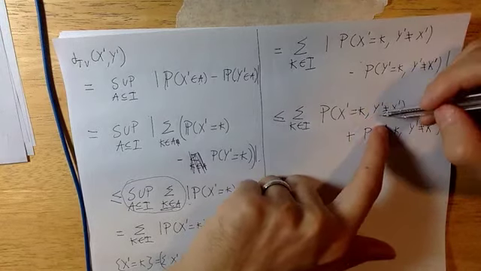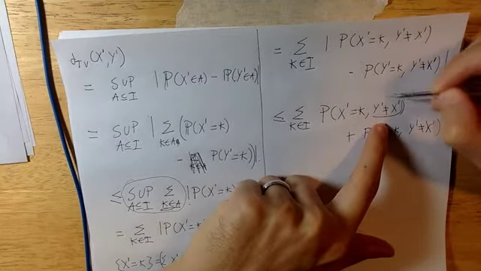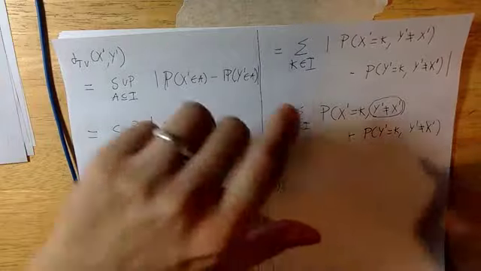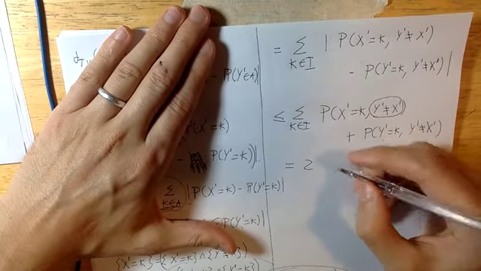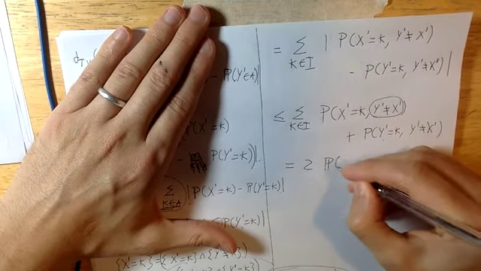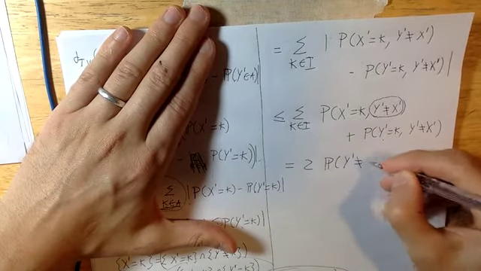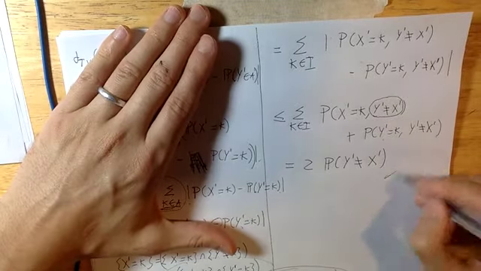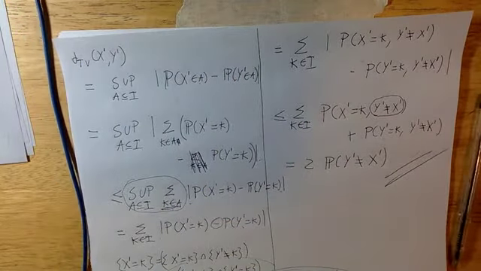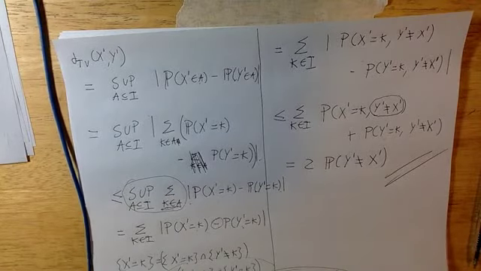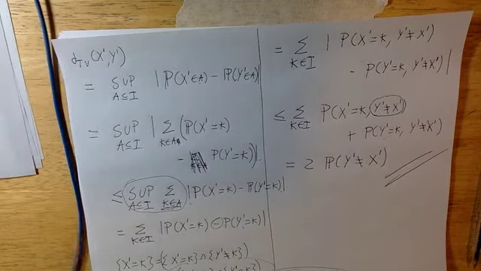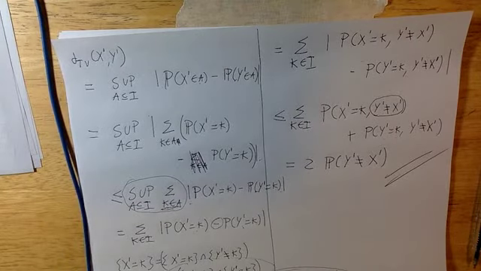And now this is a disjoint union of this set, and this is another disjoint union of this set. So this is equal to 2 times the probability that Y' is different from X'. Okay. So the idea of doing this proof is because we're going to use it for the following thing.